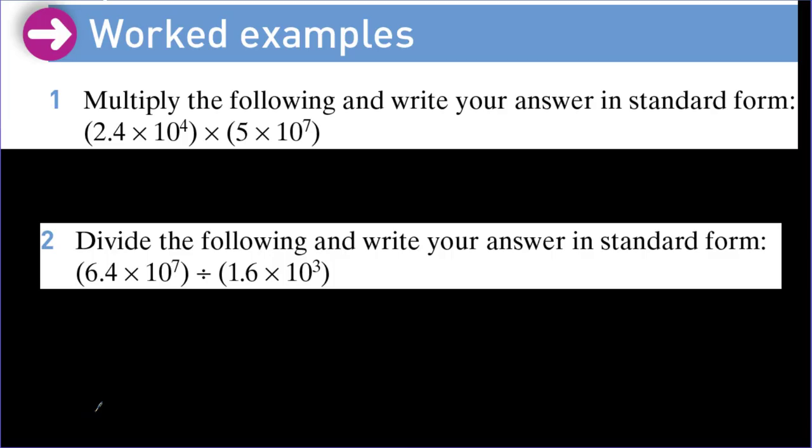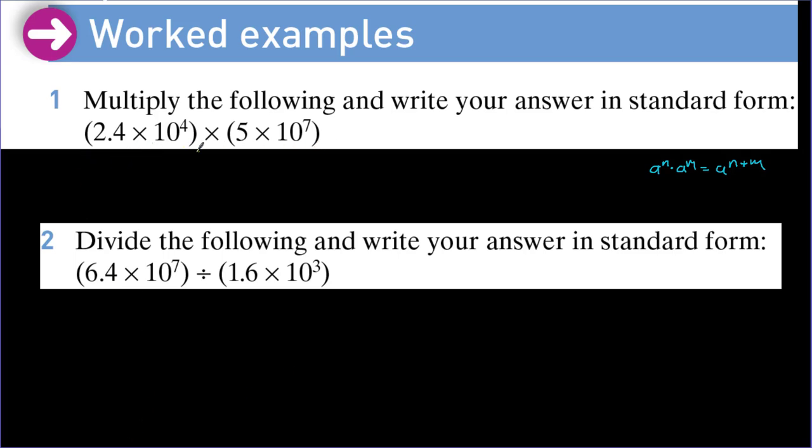Okay, let's continue with the operations. Here the first operation is multiplication. You remember from multiplication of power expressions, when we have a to the power of n times a to the power of m, it should be a to the power of n plus m. So we are going to do it like this here.